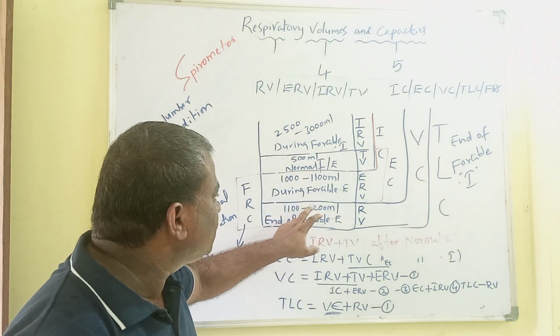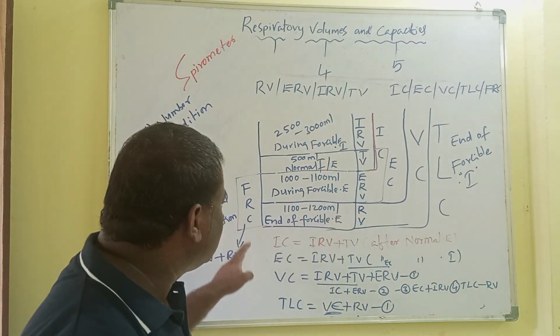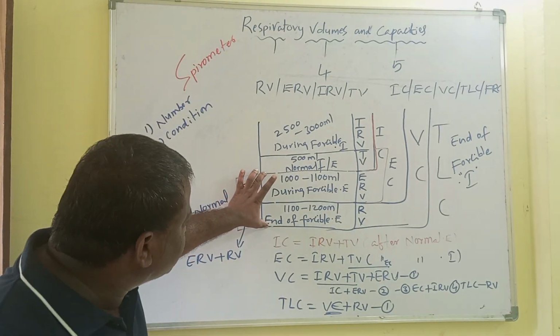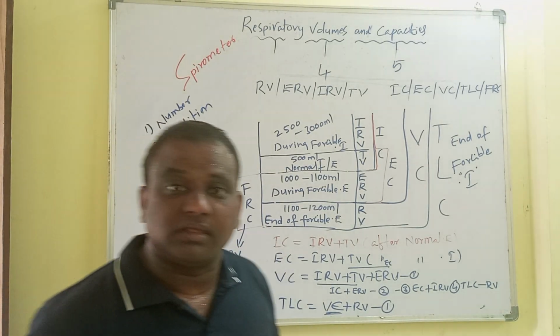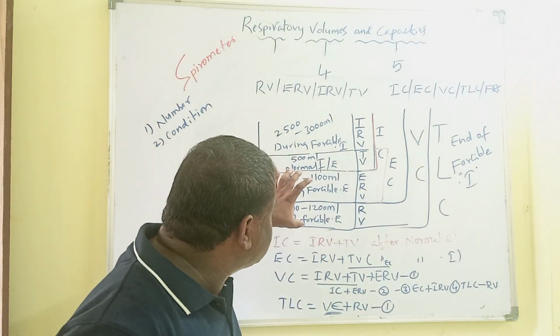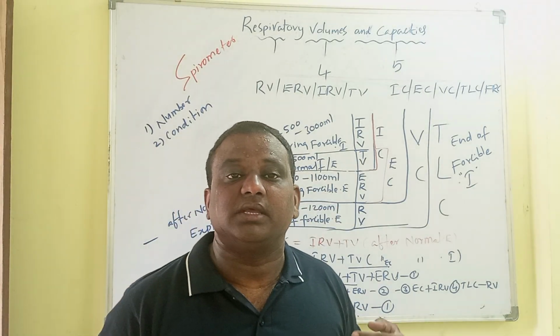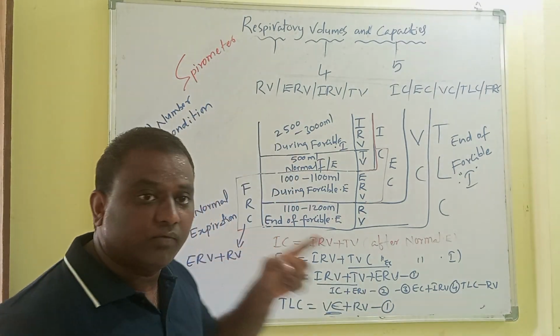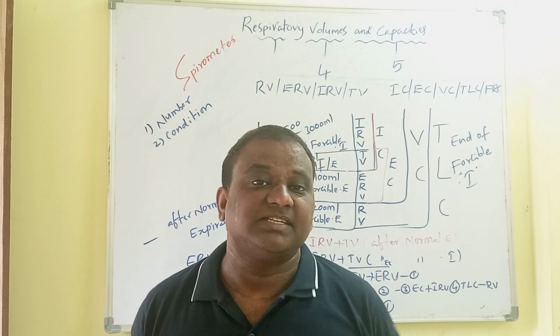What is the difference between RV and FRC? FRC is the air that remains in the lungs after normal expiration. This much air is very much required for the normal functioning of the lungs. That is the reason it is called functional residual capacity.